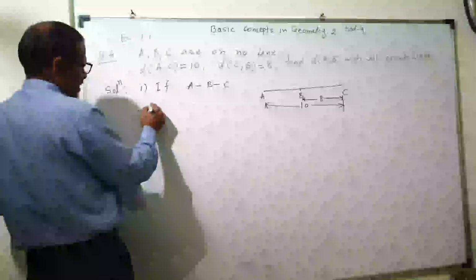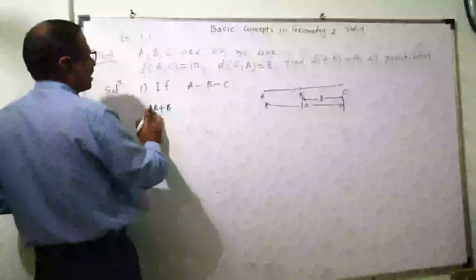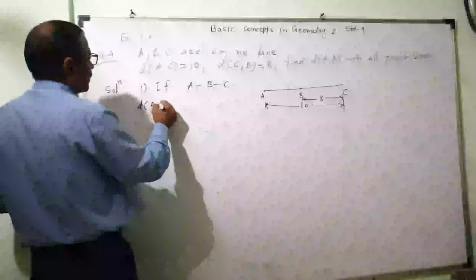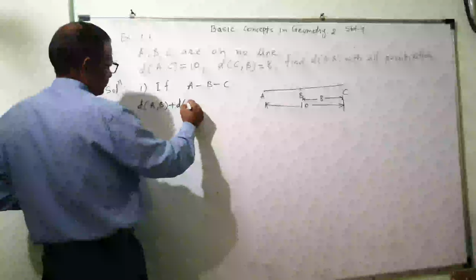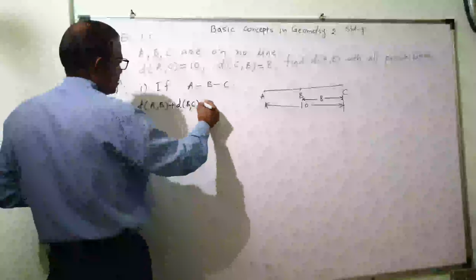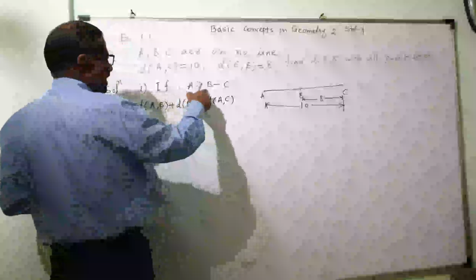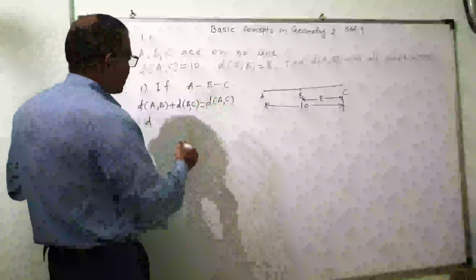Therefore, I will write distance AB plus distance BC is equal to distance AC, because it is A-B-C. Therefore, distance AB, that I don't know, I have to find.